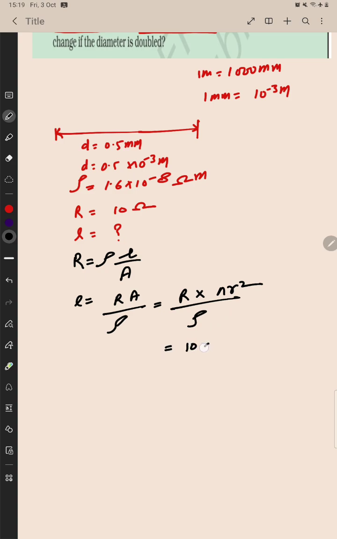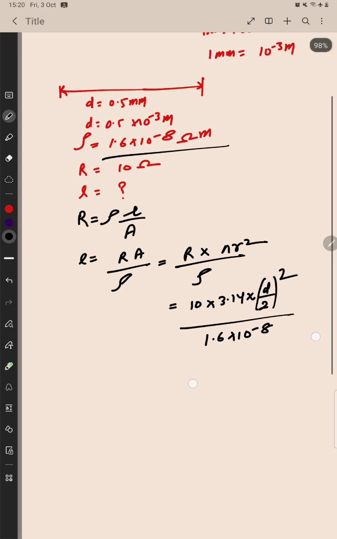R value they have given is 10, pi value 3.14, right students? And R square is there. So r means d by 2. So pi r square, r means d by 2, total divided by rho. Rho value they have given here is 1.6 into 10 power minus 8.